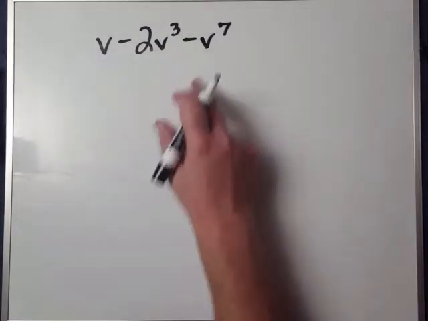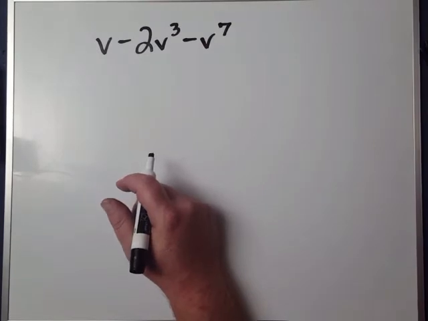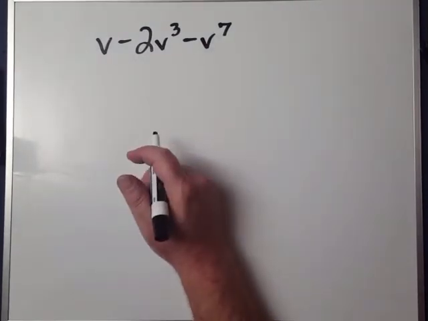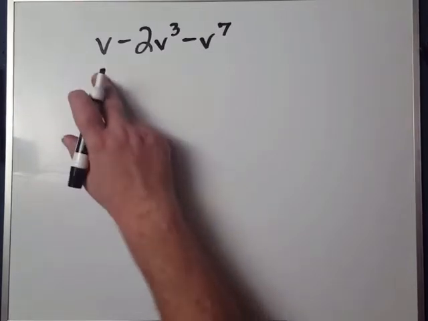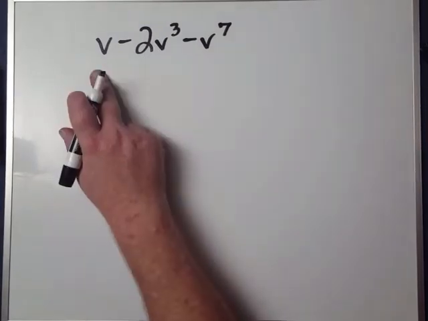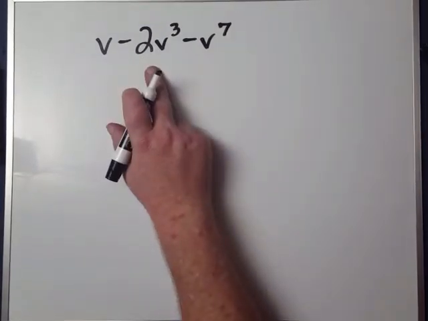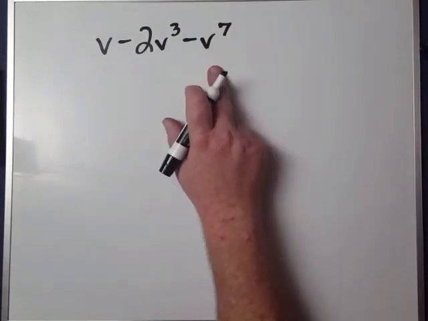Well, how many terms are there? We see 3 terms. Terms are separated by pluses and minuses, unless those plus or minuses are buried under parentheses. There are 3 terms: the v, the minus 2v cubed, and the minus v to the 7th.